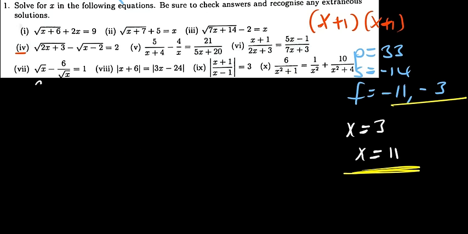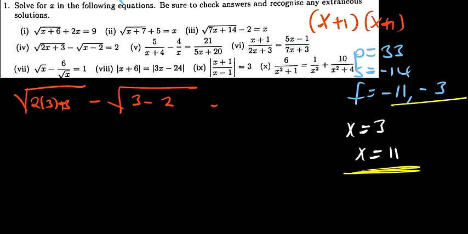After finding the answer, since it is a radical, we need to prove, is x is equal to 3 indeed part of the solution, or is it an extraneous solution? Let's see. I have the square root of 2 open brackets 3 plus 3 minus the square root of 3 minus 2.